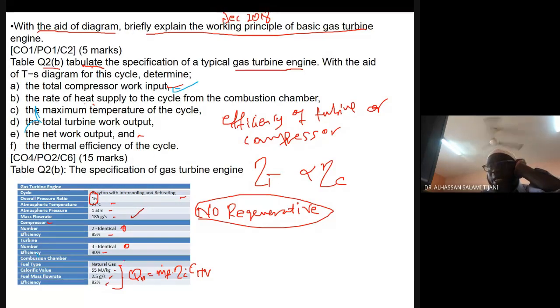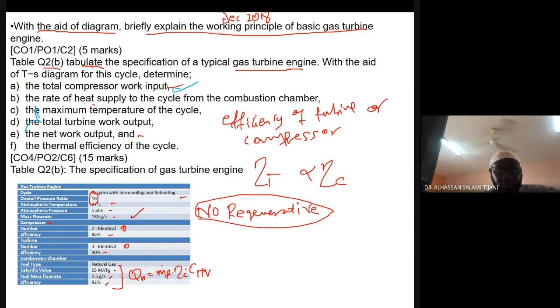And we know the calorific heating value. So these are the three components necessary for us to determine the Q in. Take note that over here, the fuel flow is 2.5 grams per second. It has to be converted into kilograms per second, which means we need to divide by 1,000.